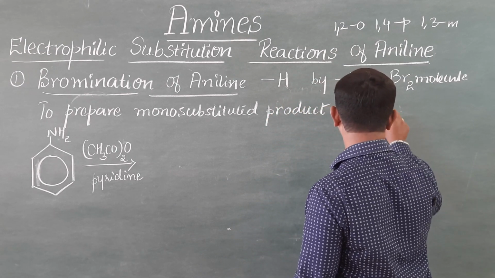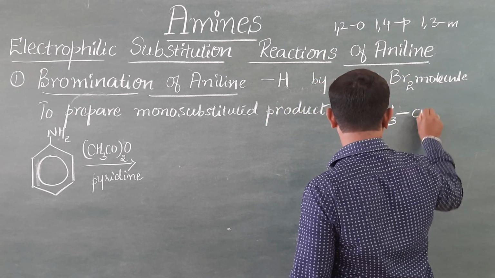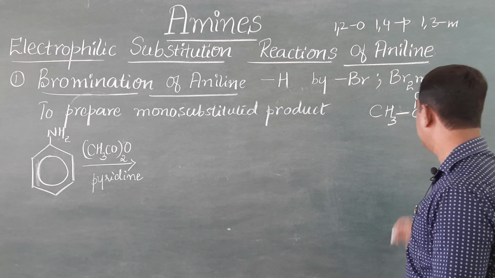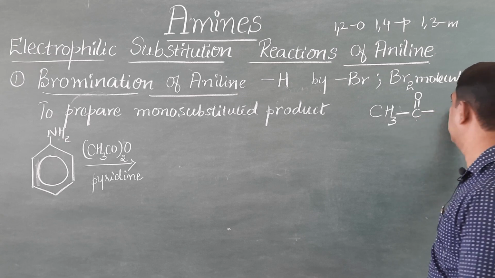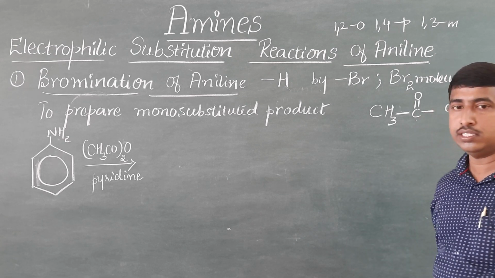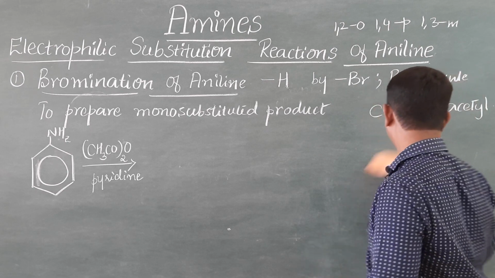The formula of acetyl group is CH3 C double bond O group. This group is named as acetyl group.